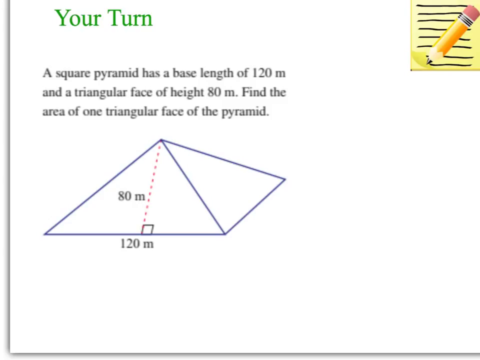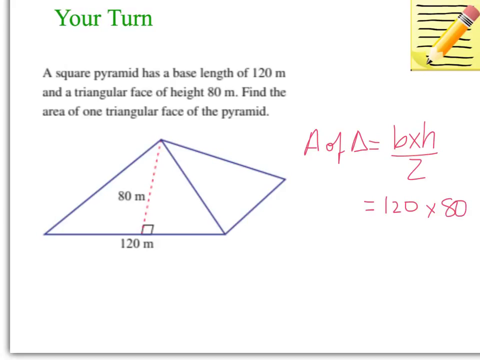Okay, remembering to put area of a triangle equals base times height divided by 2. Equal signs underneath each other. The base is 120 times 80. Okay, so that's, oops, forgot divided by 2. Nearly forgot.